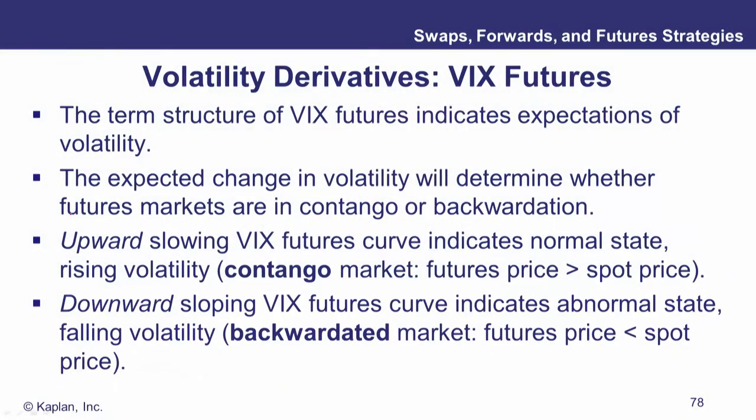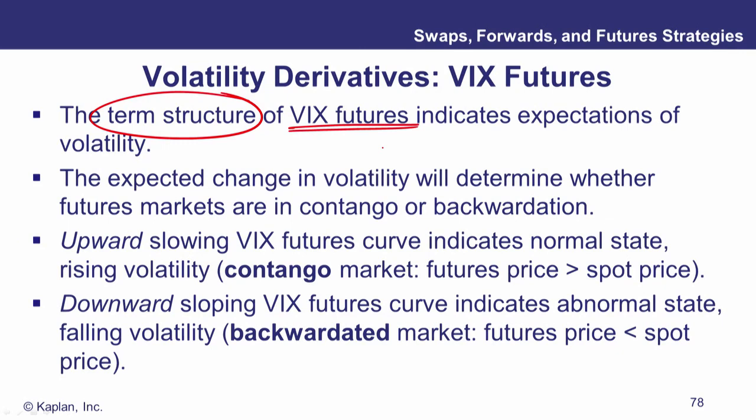Now, being a futures contract, it's got different delivery dates, and that gives it a term structure. Term structure is a plot of different delivery dates or maturities versus prices. And you can argue that the VIX futures term structure does give you a window into the expectations of volatility going forward.